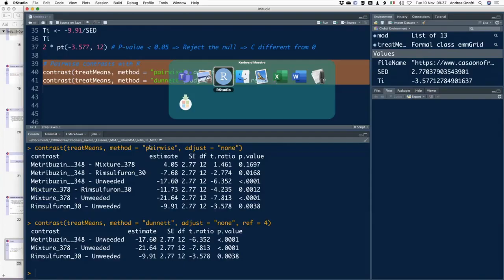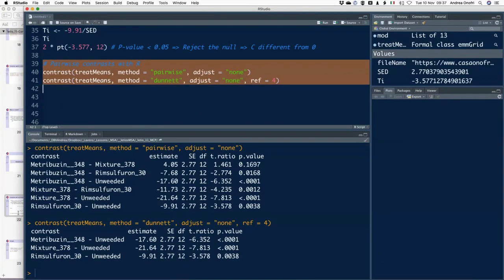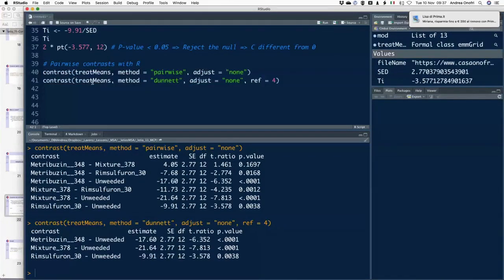For example, let's calculate this. I'm taking the formula here. The formula for the multiplicity problem is that if we take decision at the 5% probability level, the probability that we are right is 1 minus 0.05.